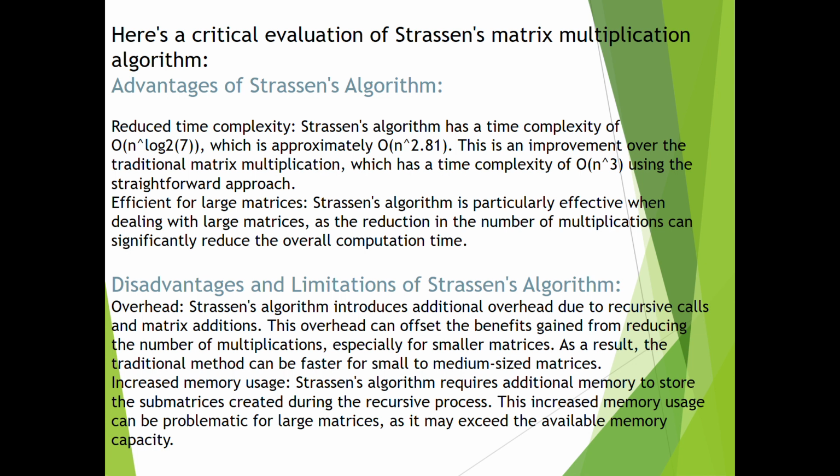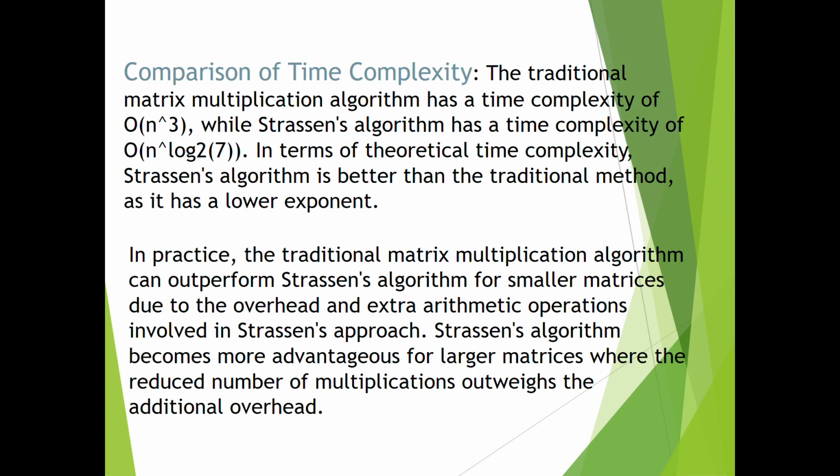As a result, the traditional methods can be faster for small to medium size matrices. Increased memory usage: Strassen's algorithm requires additional memory to store the submatrices created during the recursive process. This increased memory usage can be problematic for large matrices, as they may exceed the available memory capacity.